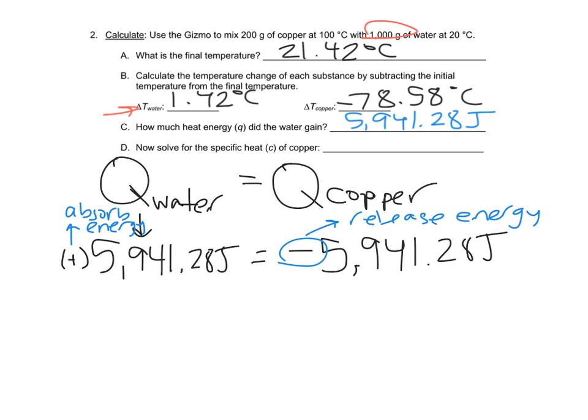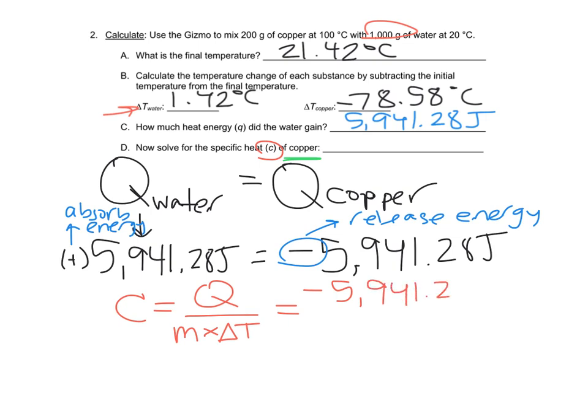So when we're doing part D, we again need to solve for C, this time for copper. Earlier we rearranged our equation and found that C equals Q divided by mass times the change in temperature. All of the numbers we plug in are for copper now. So the Q is negative 5,941.28 joules.